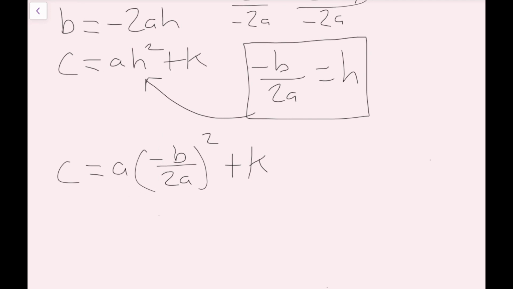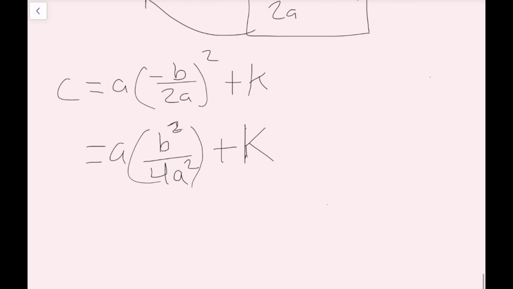This is going to be b squared over 4a squared, and then all times a still, plus k, and that's equal to c. Now I can cancel out this a with one of the a's here. So this a will cancel, and the squared will just turn into the first power, so I don't need to write that.